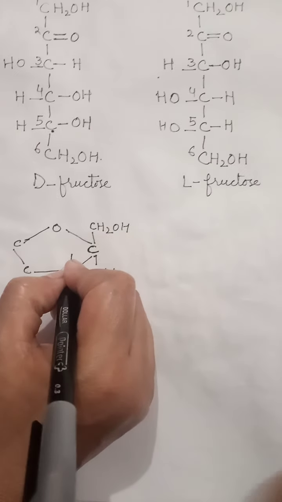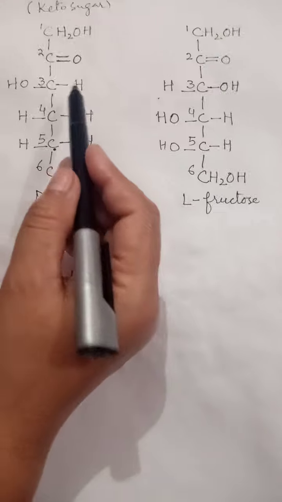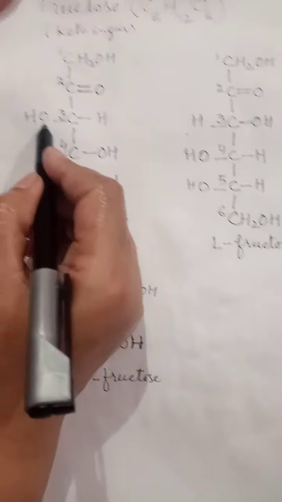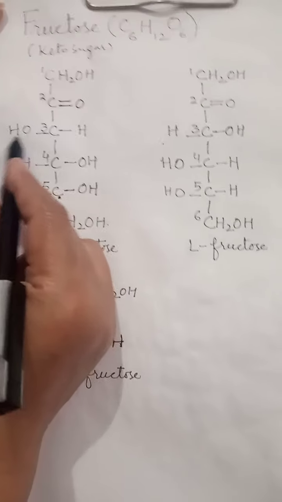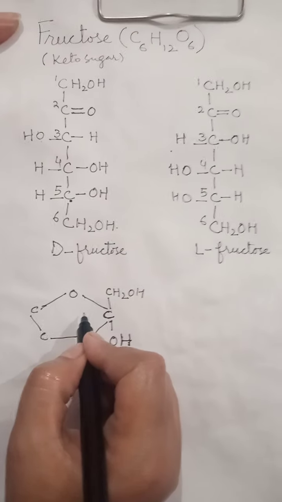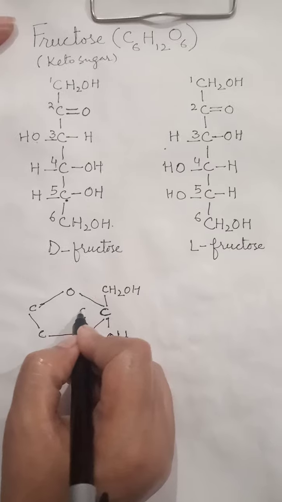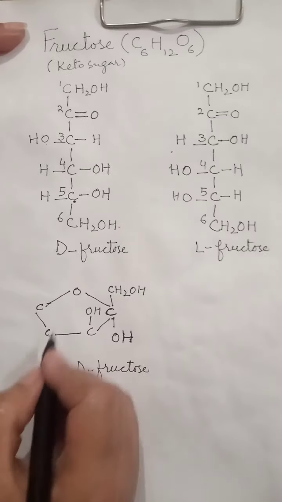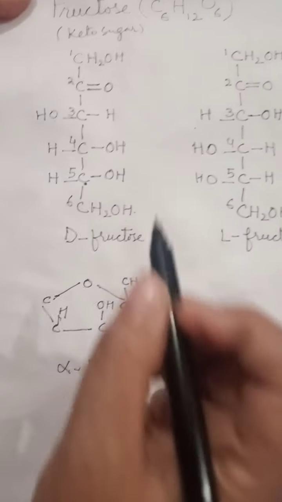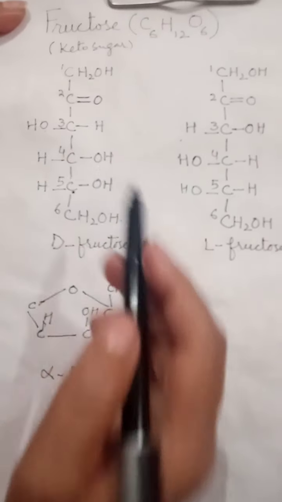Then those radicals or atoms which are on the left side, we will write them on the top. So hydroxyl, then hydrogen, with carbon number 3 and 4.